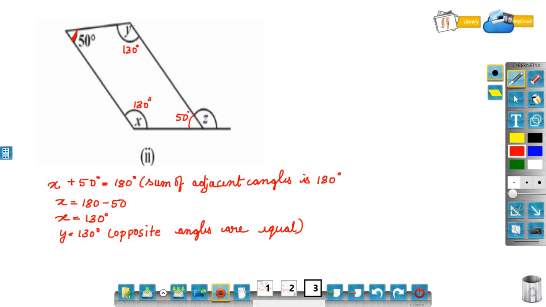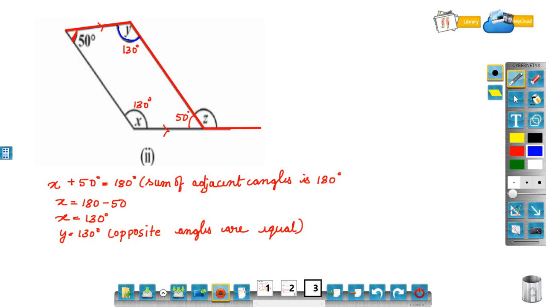Now see here, in parallelogram opposite sides are parallel. Look at the parallel sides. Now here you can find alternate angles. Observe here, alternate angles, Z shape. Look at the Z shape here. So y and z are alternate angles.